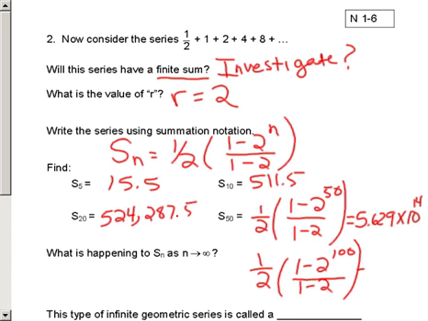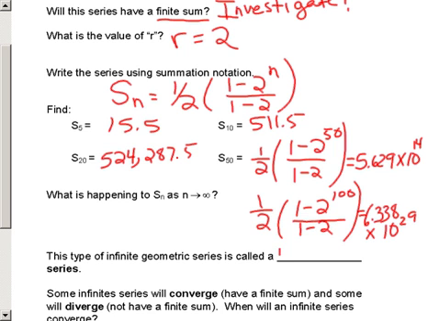So here we get times 10 to the 29th. So if we just keep making this n bigger, this number is just going to get bigger and bigger and bigger. So is it converging to one number? No. So this is called divergent. Because that means it's not converging to one number, and it does not have a finite sum.